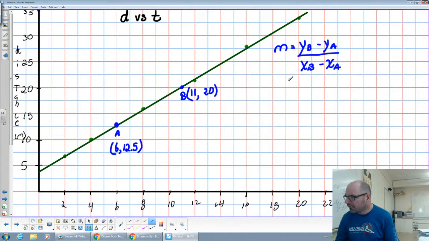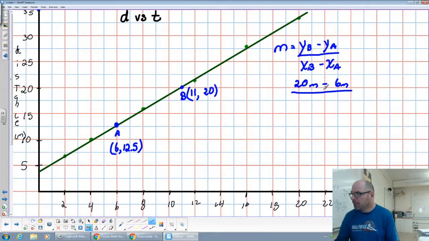Okay, so in our case, yb is 20 meters, because it's a y point, minus ya, which is 12.5 meters.